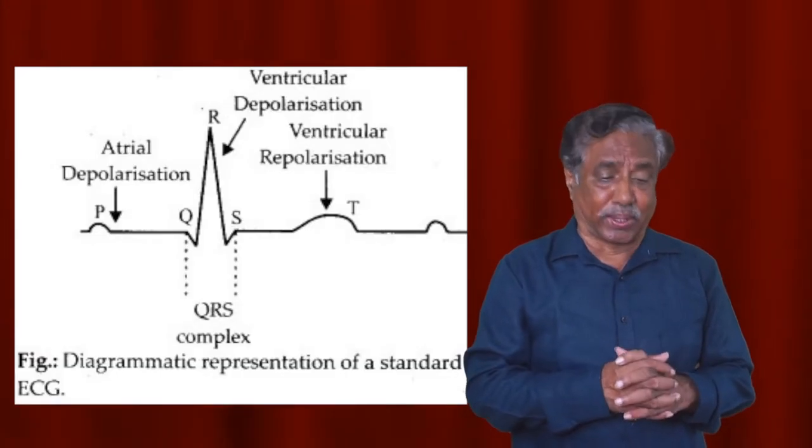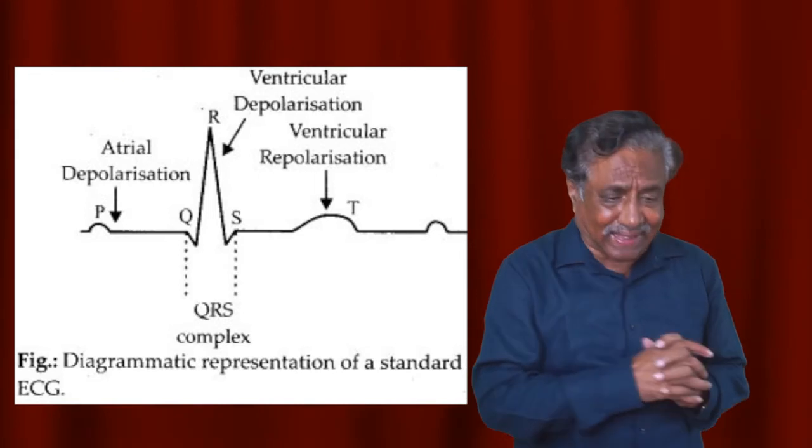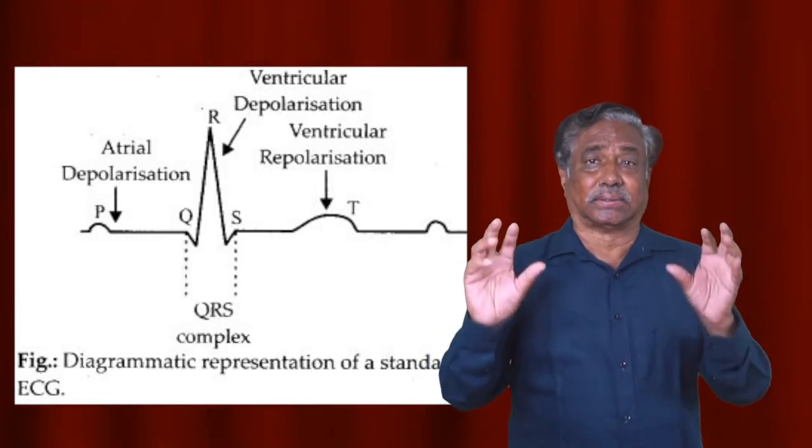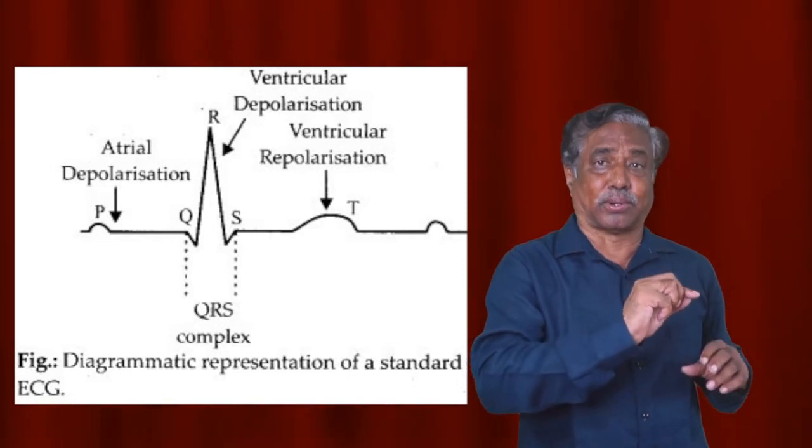And then we can study the heart impulses from the ECG, electrocardiograph. This involves the P wave, the QRS wave and the T wave, and in the diagram I will show you all these things.